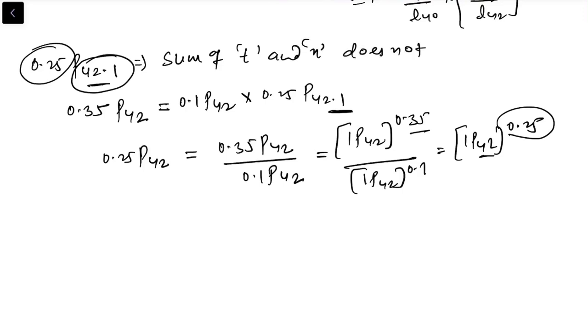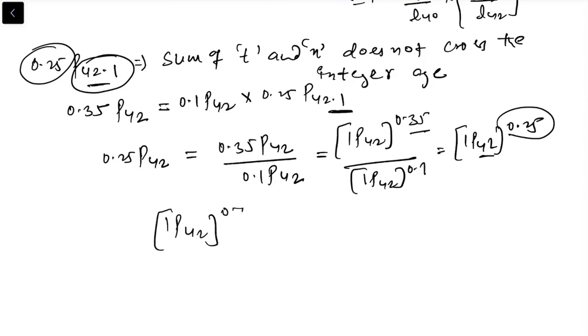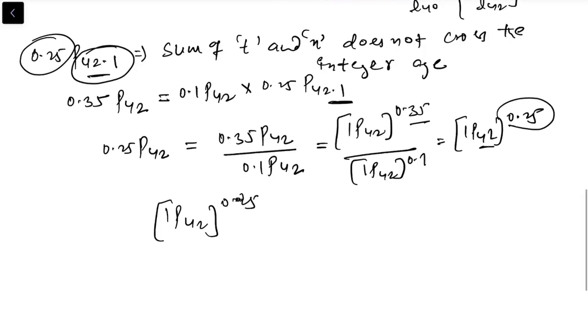Okay, so from this example you can develop a trick that whenever the sum of t and x does not cross the integer, we can write the integer part of x in the subscript, and then in the power we can basically write the t.